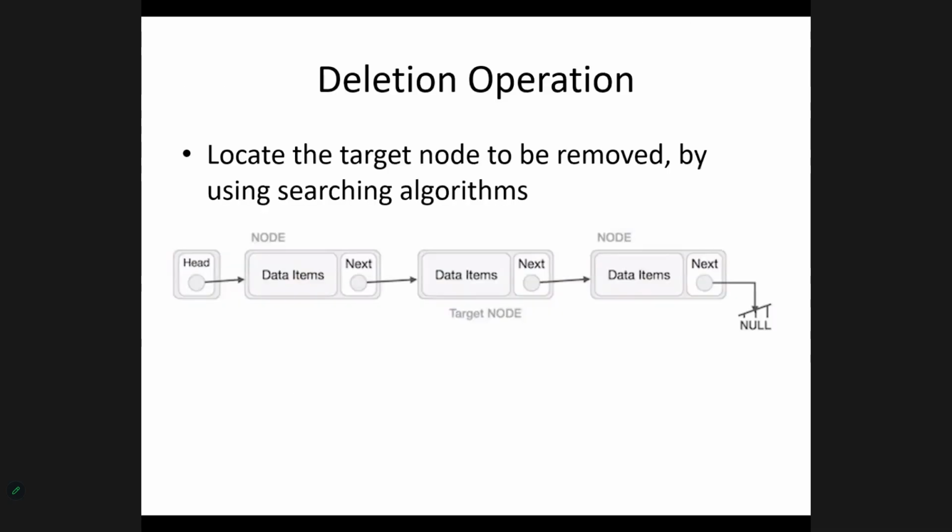Now the next operation is the deletion operation. Basically we need to find the target and then delete. So two operations will be executed here: one is to search for the item, and the other one is to delete. We will discuss both operations here.